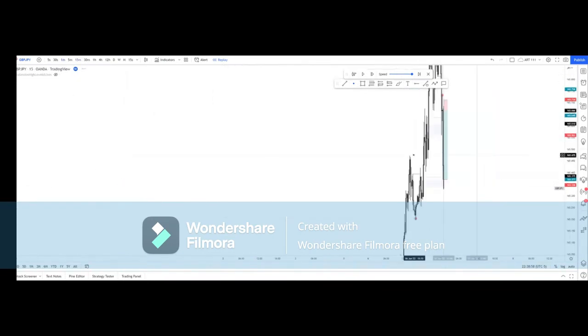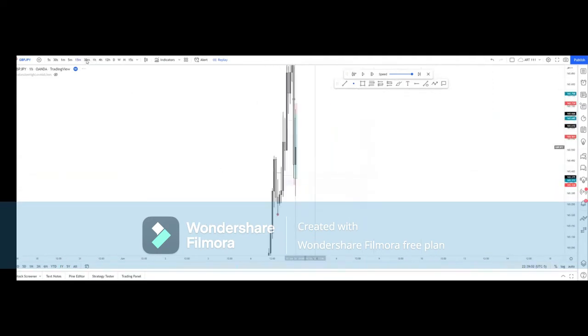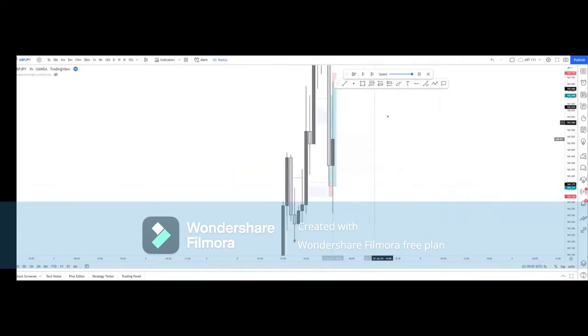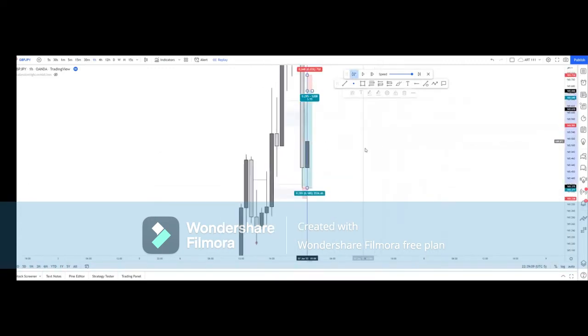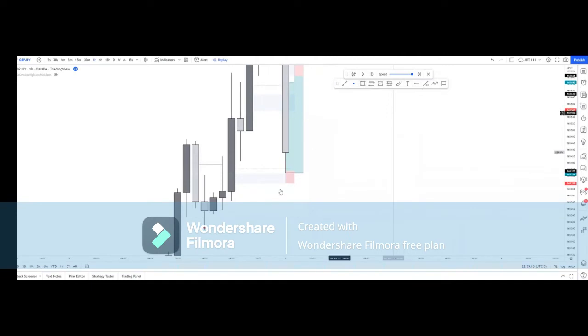So now let's go back to the higher time frame real quick and see what's going on here. So we had liquidity. Hold on, I need to go back a bit. It's in the way. Delete this. So we have liquidity right there. Now we have to look into the mitigation phase.